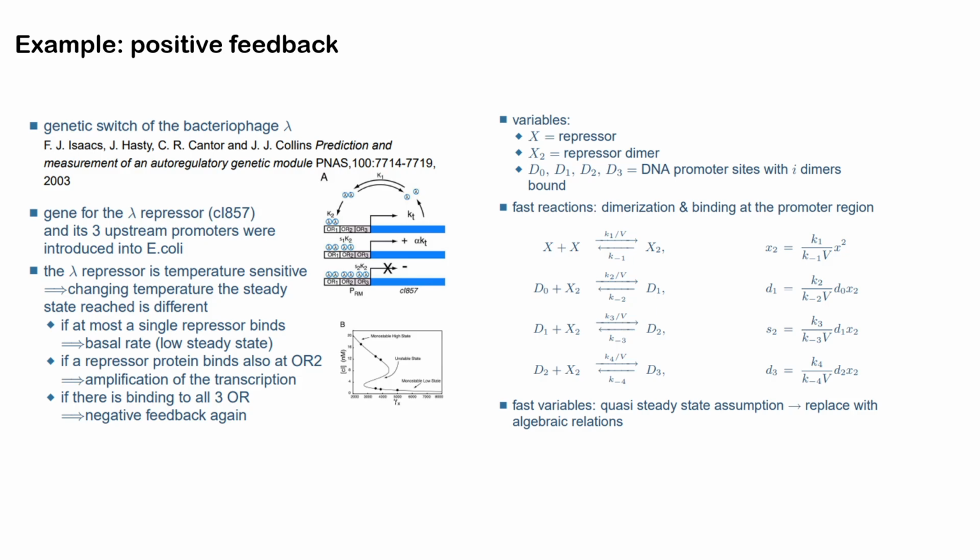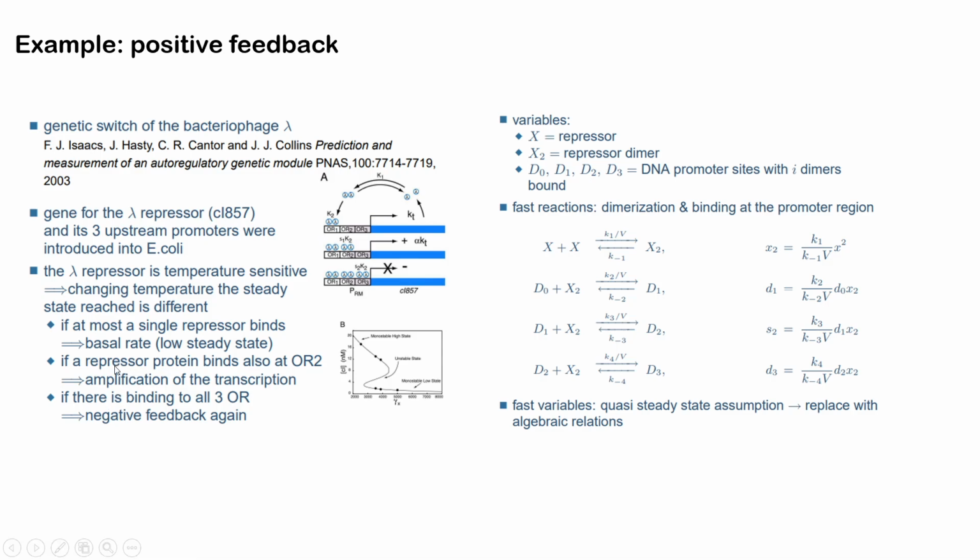And what are the conditions? So the first condition is, if at most a single repressor binds, it will have a low steady state. So these are the three points at which the repressors can bind: OR1, OR2, and OR3. So if it binds only at OR1, the reaction rate will be slow.